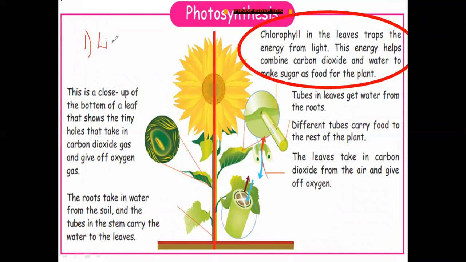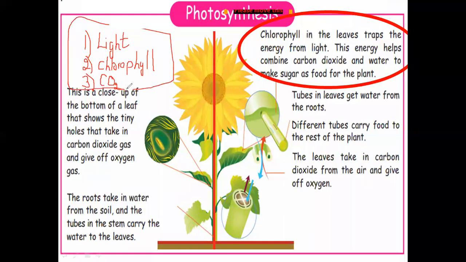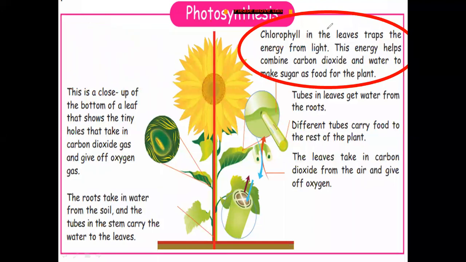That's why it should be during the day. Number two, it needs chlorophyll, since it occurs only in green plants. And also the plant needs CO2, carbon dioxide. These three elements are very important for photosynthesis in green plants.